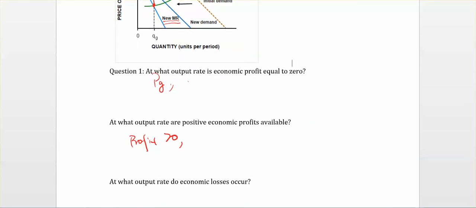So here what we should write down is output larger than PG.